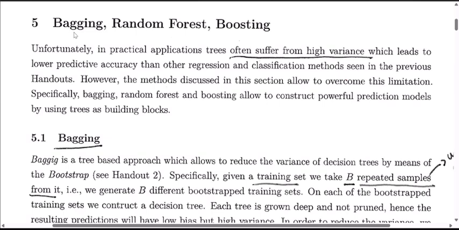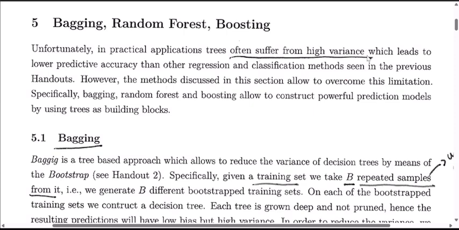Now, don't forget, what led to overfitting is high variance. And that was why I said here, if you take a look, unfortunately, in practical application, trees often suffer from high variance. And high variance is not good for prediction.